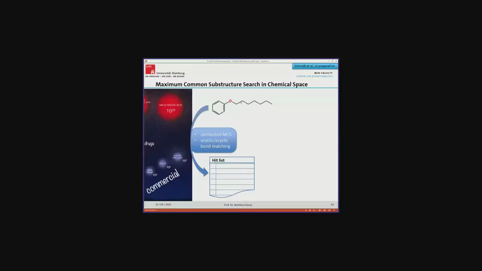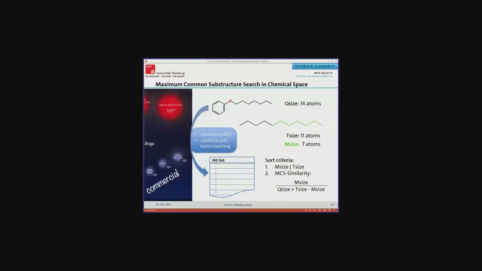From these structures, we basically have the one restriction that we have acyclic bond matching. So whenever you have an acyclic bond, this matches to an acyclic bond, and vice versa, so cyclic bonds only to cyclic bonds. And then we basically dig out all the molecules from the spaces which have a high maximum common substructure.